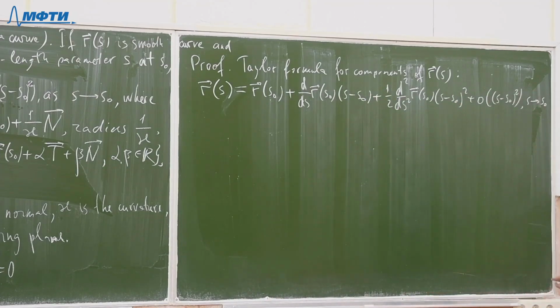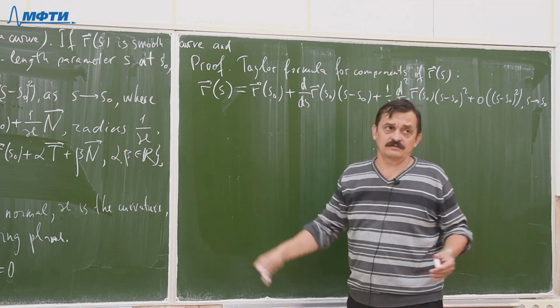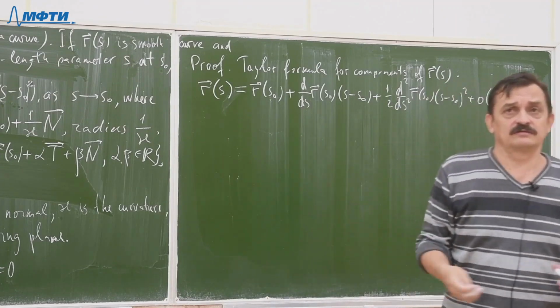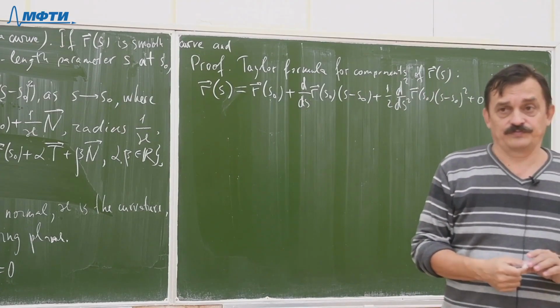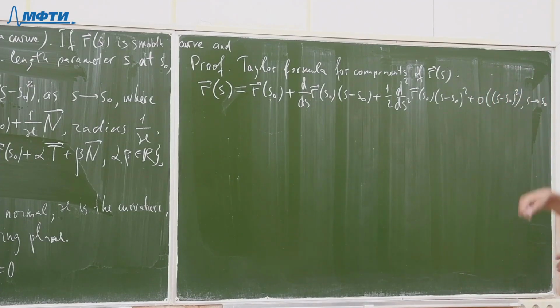Right? So how do we obtain this Taylor formula? We write Taylor formula for each of components and then put them together into vector form. Okay? It gives such a representation. Taylor formula, of course, with Peano form of remainder, right? Peano form of remainder. Okay.